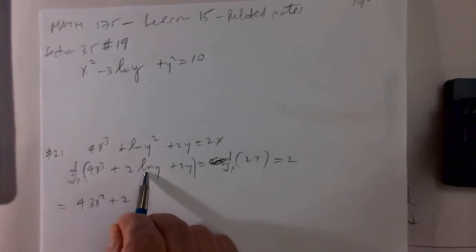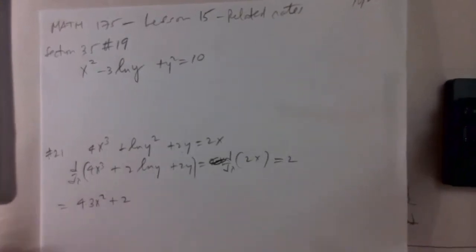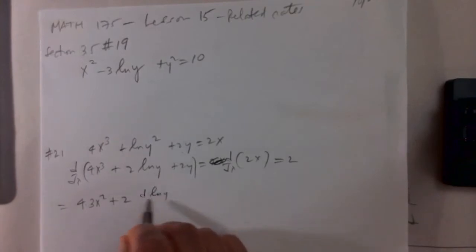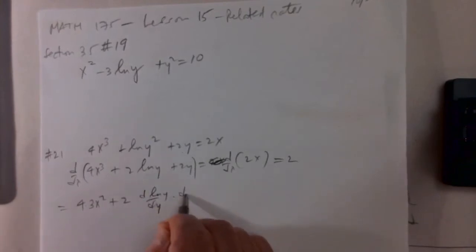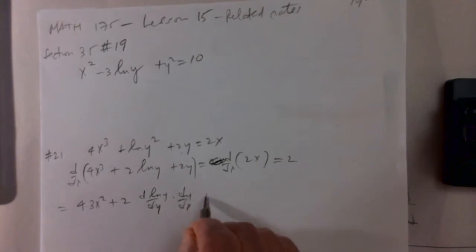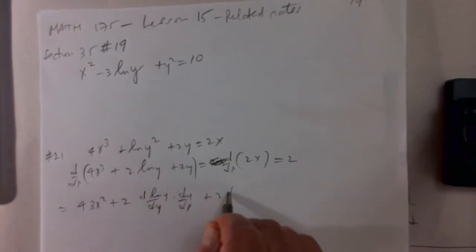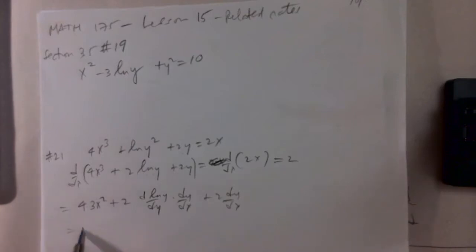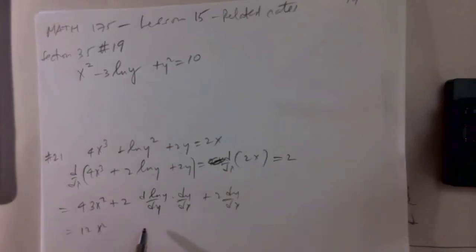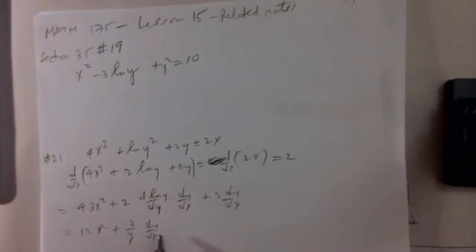When I differentiate log y with respect to x, it's the derivative of log y with respect to y, which is 1 over y, times dy/dx, plus 2 dy/dx.